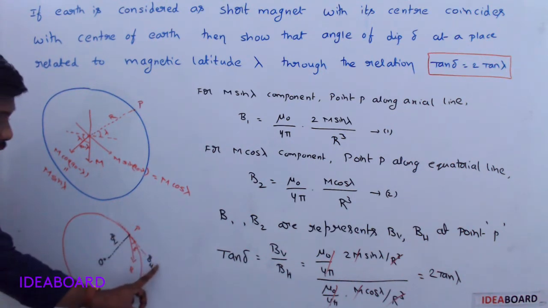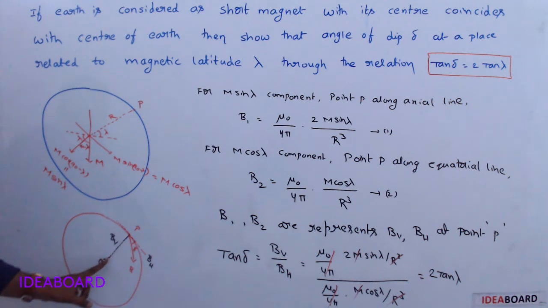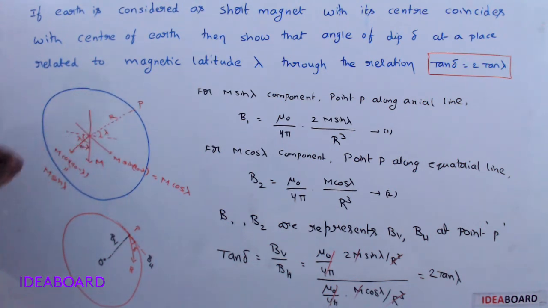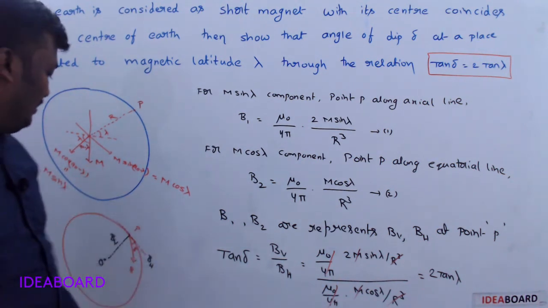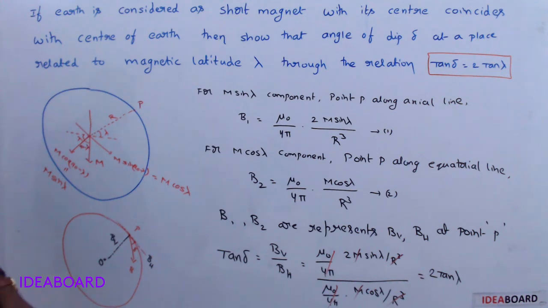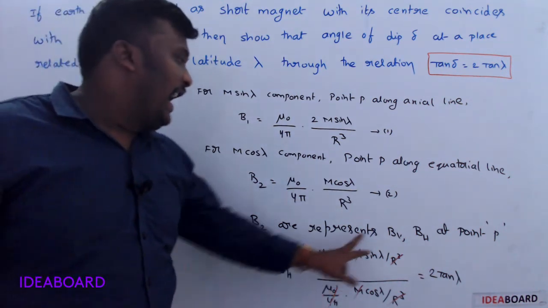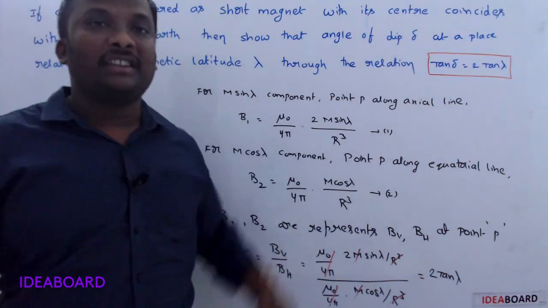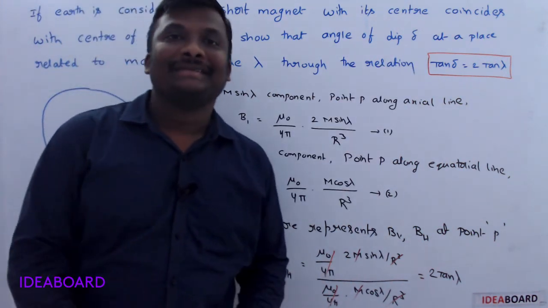In the horizontal direction we have the BH component, and in this direction we have the BV component. BV is related to B1, BH is related to B2. I applied those two values in the formula of tan delta, then we got this relation. Okay, thank you.